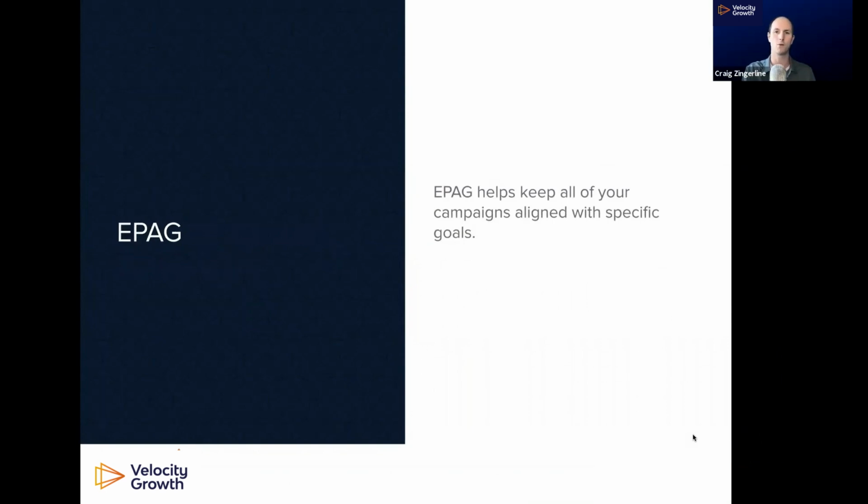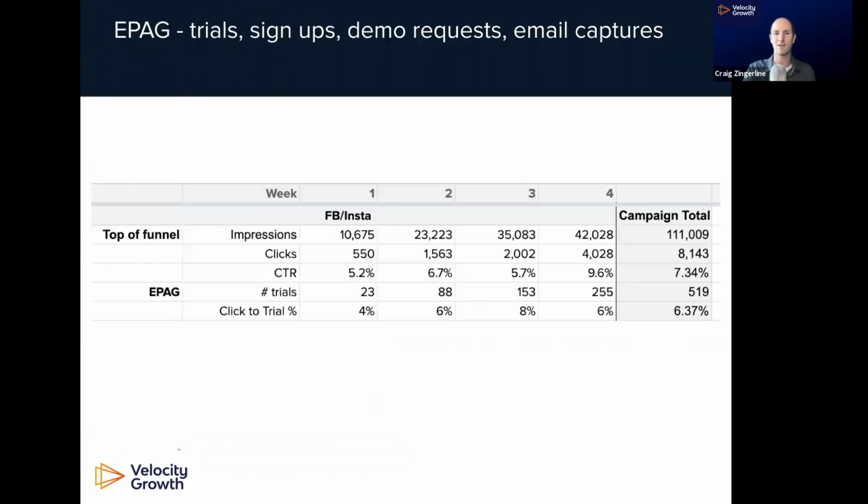EPAG helps you keep all of your campaigns aligned with specific goals. When you think about EPAG, again, this could be trials, a demo sign up, or an email capture. This is a metric that you're going to look at regardless of the campaign type or channel that you're in, and you want to get to a point where you've got an apples to apples comparison with this EPAG.